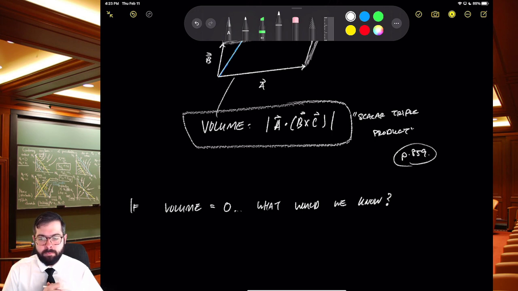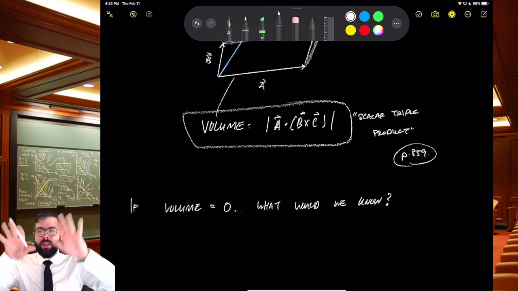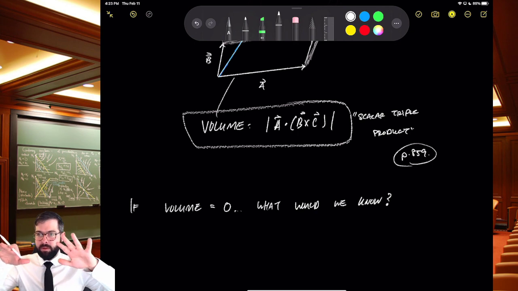Would that mean that the vectors are all on the same plane? Yeah. Or 0. Or they're all 0. That's right. So it would mean they're either all 0 or they're all coplanar, which means they're living in the same plane, right? There's no rise off of that plane from any of them to create this parallelepiped, right?